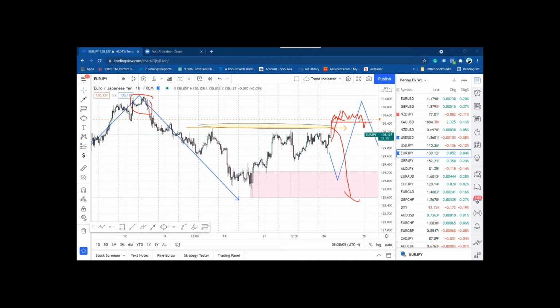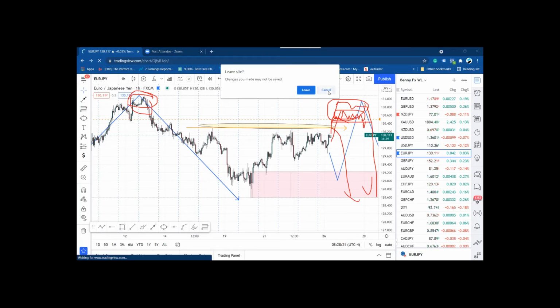But if the price does not give me what I need to see here, then I will assume that it's likely to continue going higher to unlock this trap order before it goes lower. And that is the area I'll be looking to short. Okay, that's what I see in the euro yen.